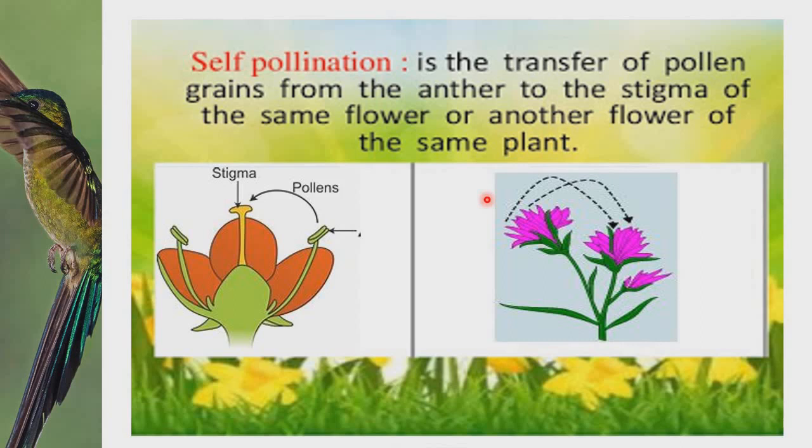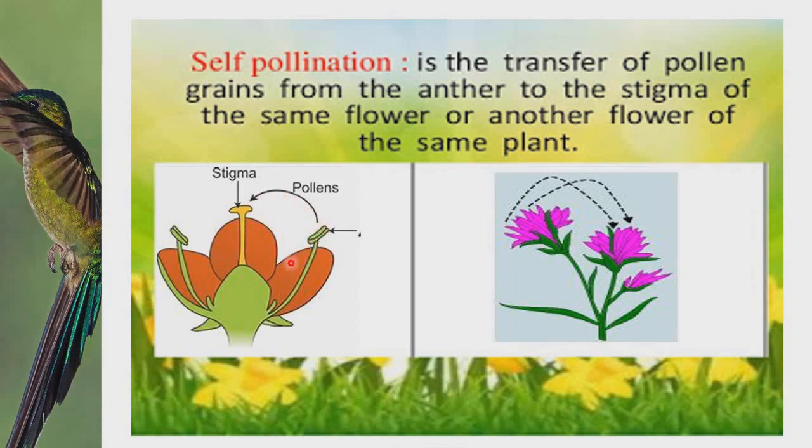Look at the definition very well. You understand here that this definition brings about two major types of self-pollination. One is the transfer of the pollen grain from the anther to the stigma of the same flower.